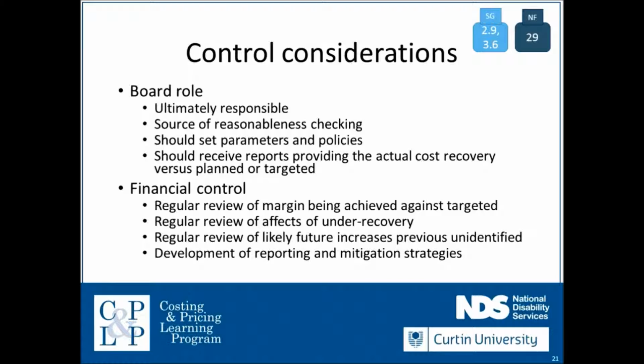Finally, financial control is also a major input from an ABC perspective, and it affects the governance arrangements as well. Financial control really means that there needs to be a regular review of the margin being achieved against that targeted, a regular review of the effects of under recovery. So you might have, for instance, one or two products or services that you provide that don't recover their costs, but that's taken into consideration in terms of over recovery in other areas.